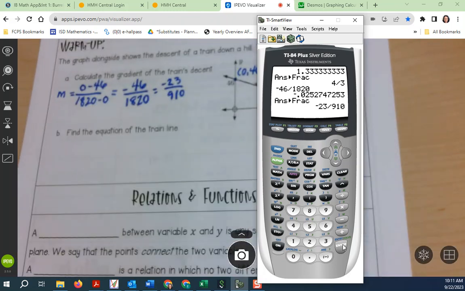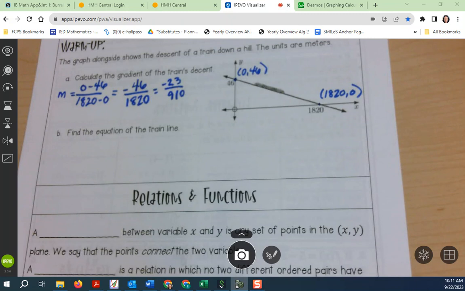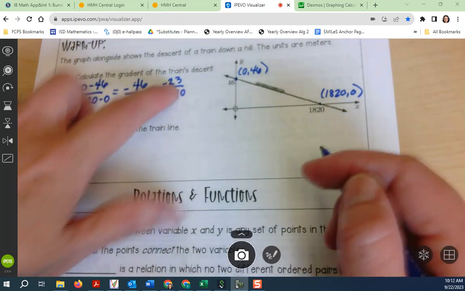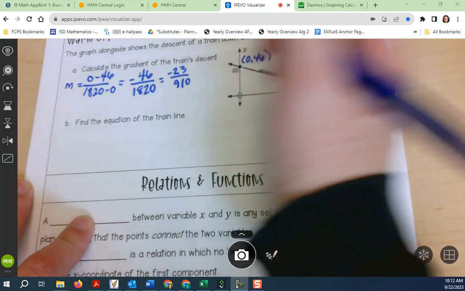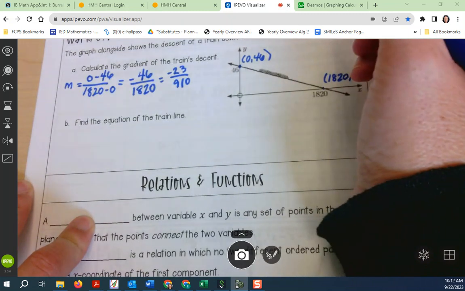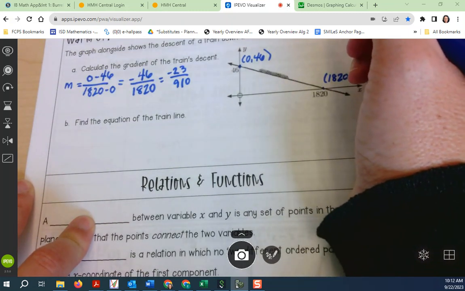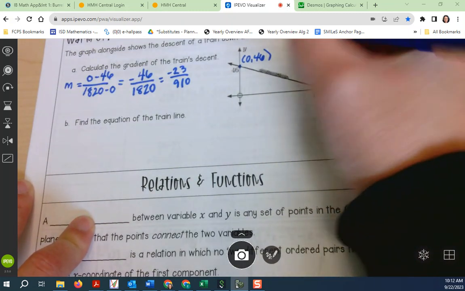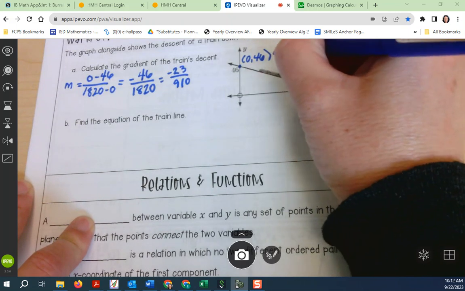Okay, and then you're going to find the equation of the train line. Thinking about this, I might decide I want the point that has an x of 0, because then I can multiply my fraction times 0. Oh, actually, we know what our b is, right? Our b is what number, guys? 46. So this is your y-intercept.